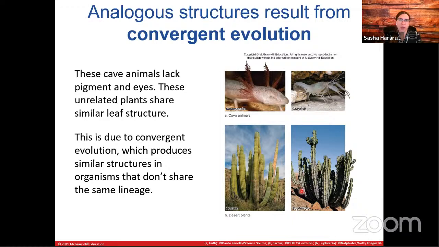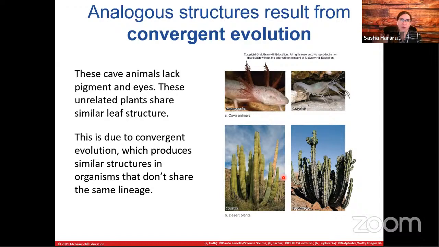Both cactus and euphorbia live in deserts, and this structure that allows them to store water and prevents evaporation of water from the inside of the plant is beneficial for surviving in the desert.